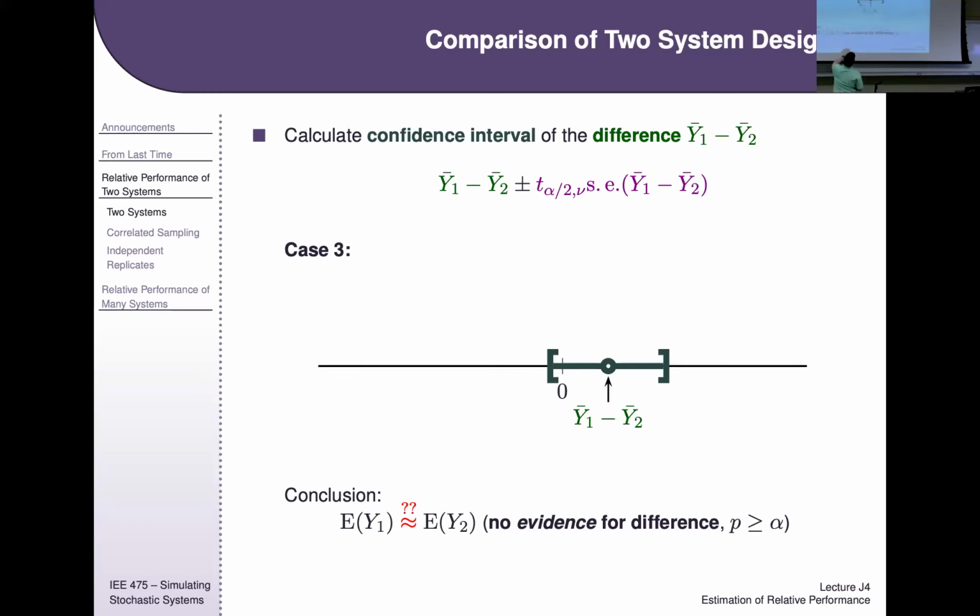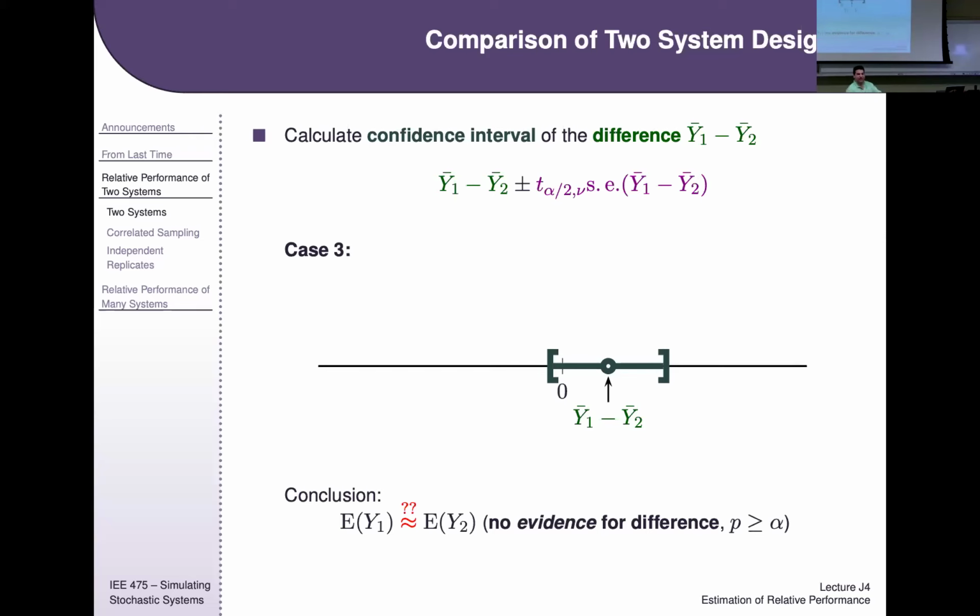Now, what we're going to talk about for the rest of the day here is how you set up this experiment determines how you set up this half width. Every half width you set up will have this formula, which is why I tried to emphasize this formula to this point. It's going to be a standard error of the mean difference, times a critical t value where the degrees of freedom are going to be the thing we care about.